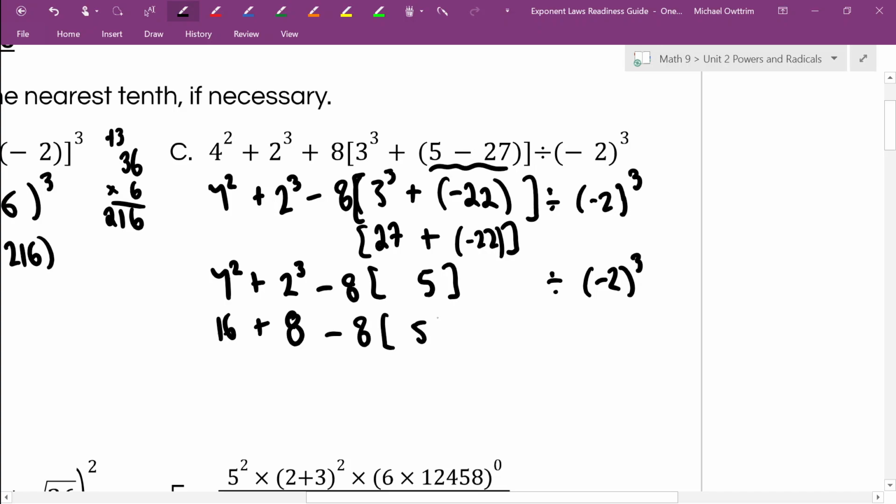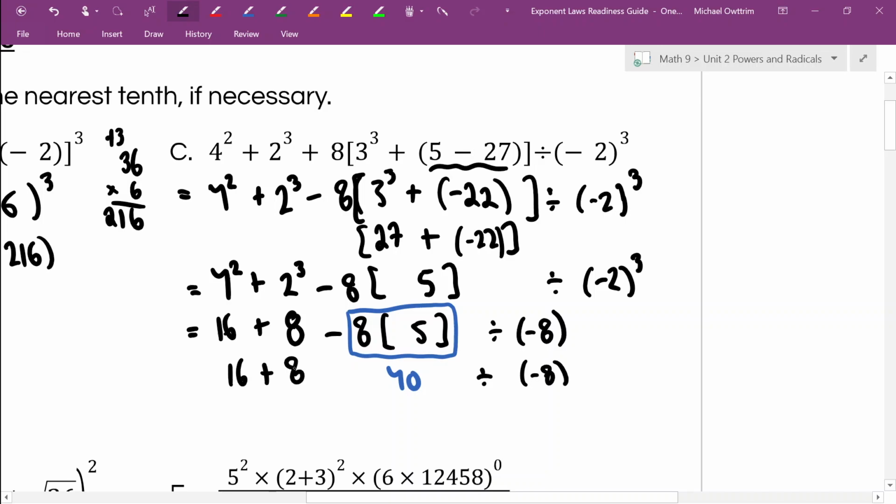Still got this part in the middle, a divide sign, and then negative 2 cubed is negative 8. Now, next thing in our BEDMAS is going to be our multiplication and division from left to right. So we're going to go ahead and say, okay, well, our 8 times 5 is 40. And our 40 divided by negative 8 will be negative 5.